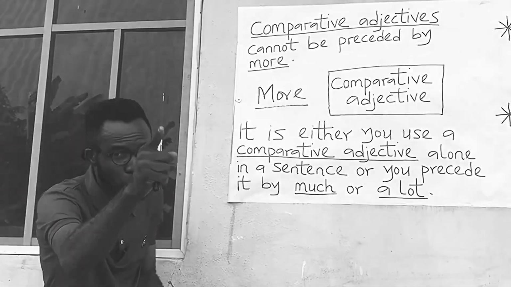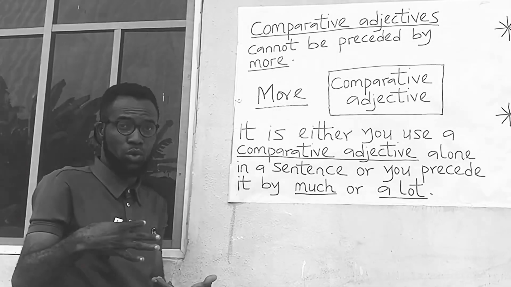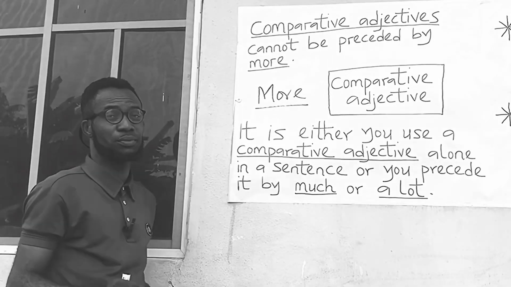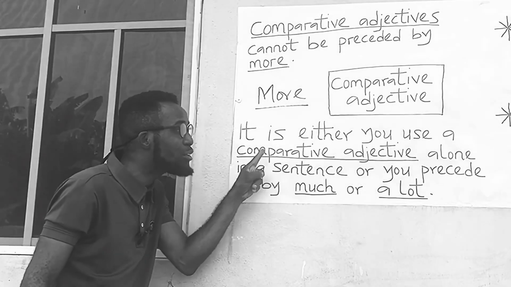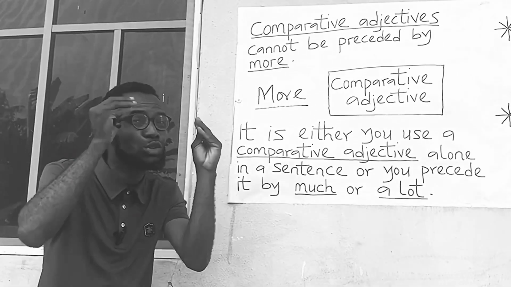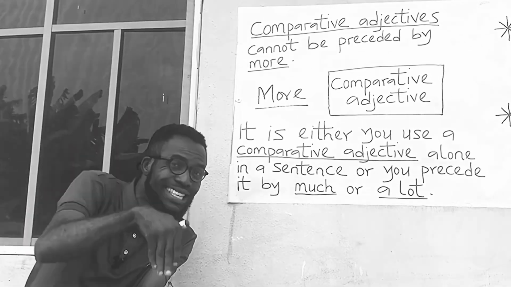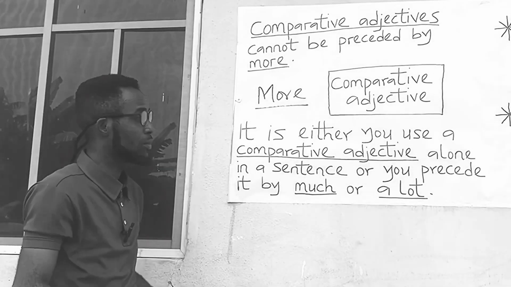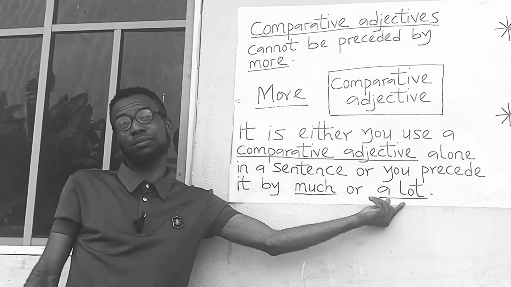What then should you do? Because I just said you cannot precede a comparative adjective by more. Let me help you. It is either you use a comparative adjective alone in a sentence, the way it is, or you precede it by much or a lot.